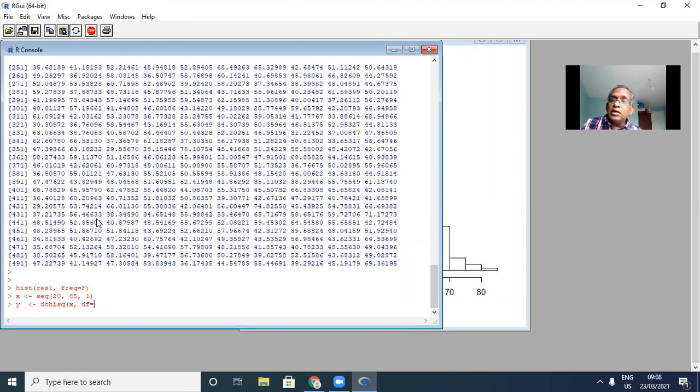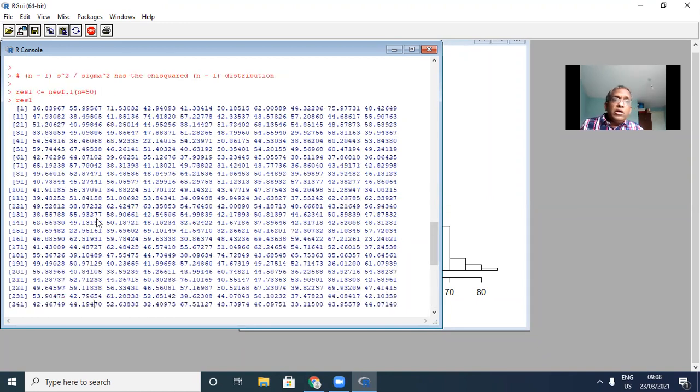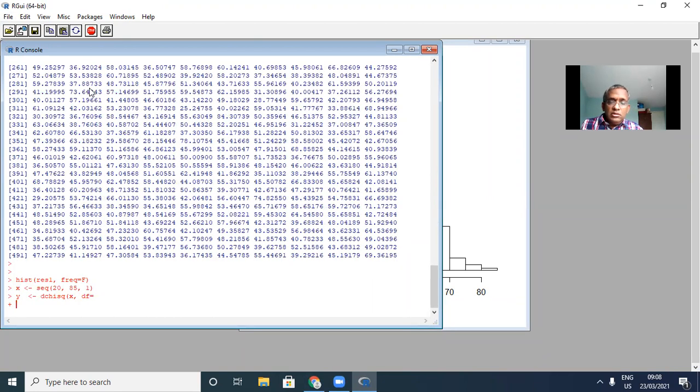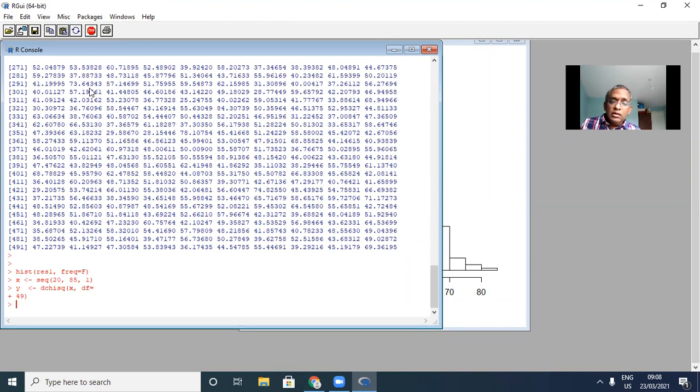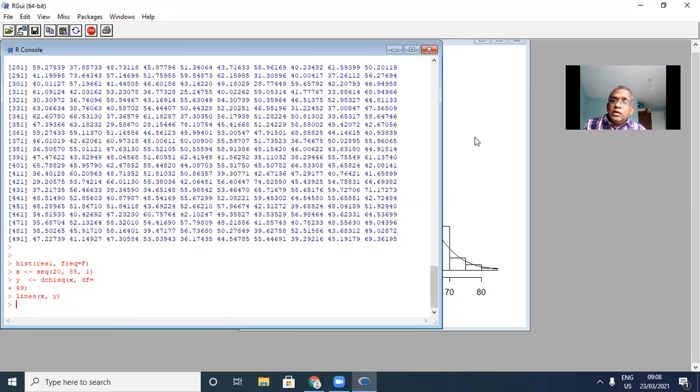In this case, our n was 50, so n-1 is 49. Finally, I will use the lines command to draw the density of the chi-squared with 49 degrees of freedom. And this is what you get.